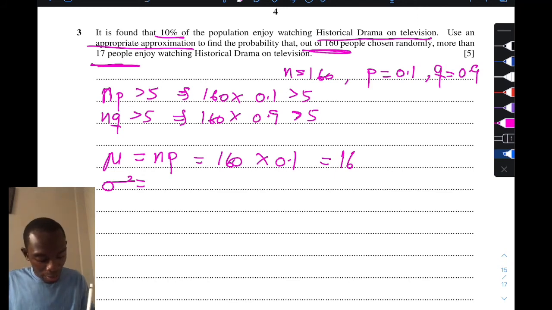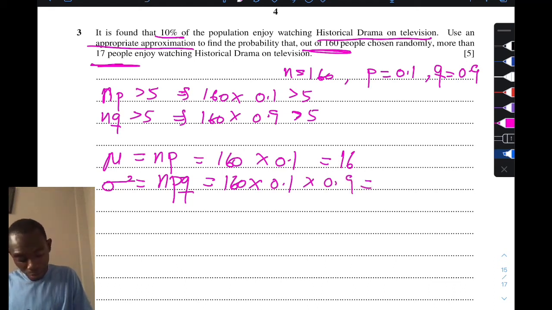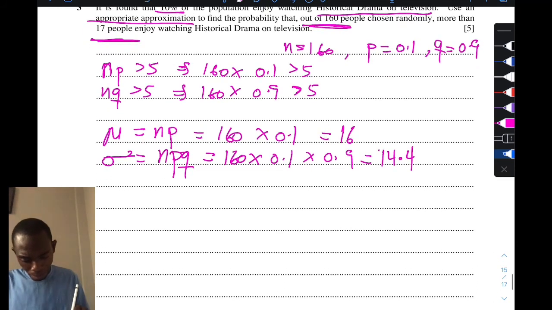And then the variance is NPQ, and NPQ will be 160 times 0.1 times 0.9, and that is like 16 times 0.9, right? And that is 14.4. Okay, I hope I've done it correctly.